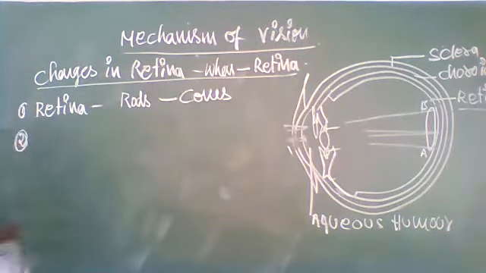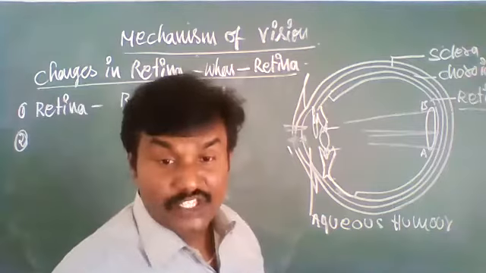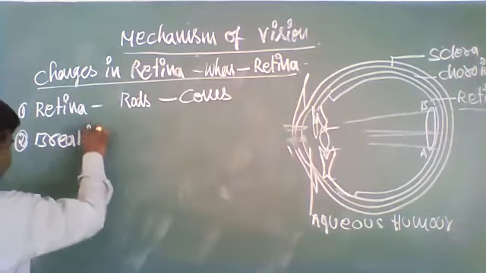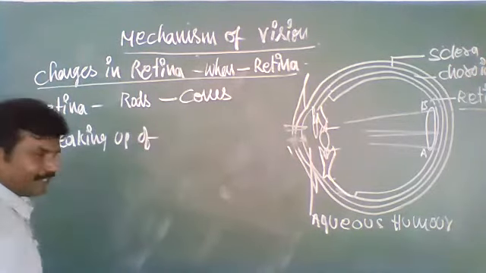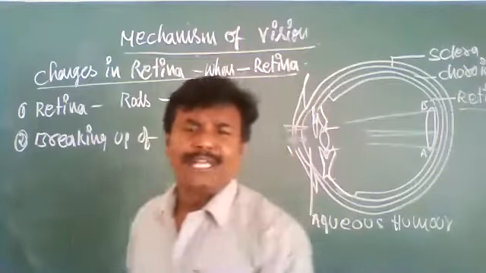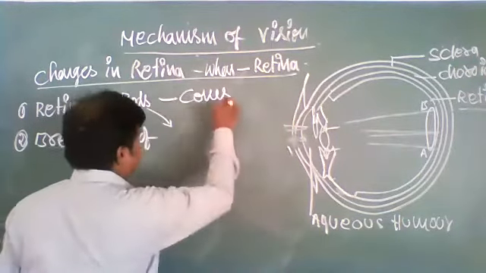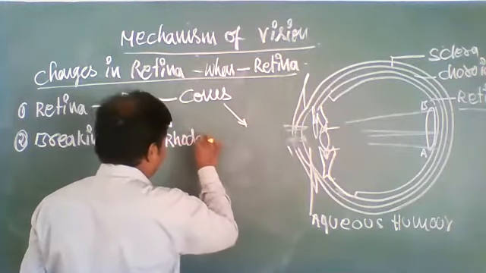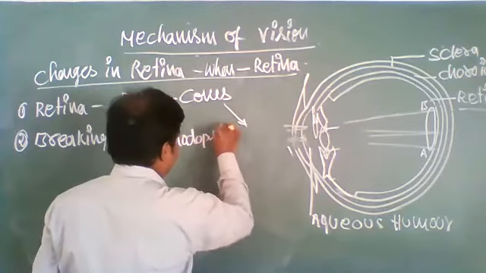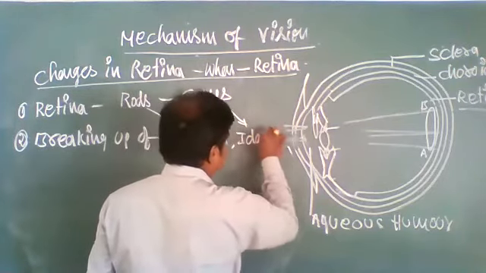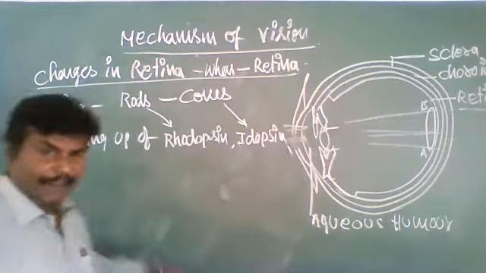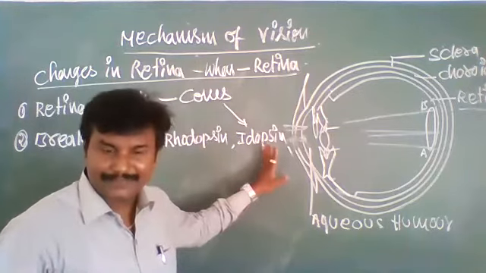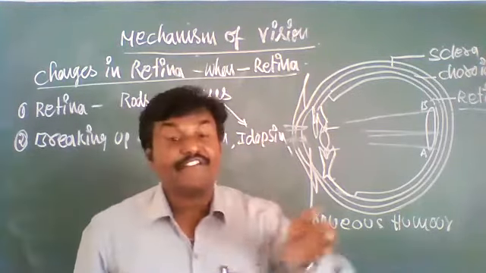So this is the breaking up of photosensitive pigments present in the rods and cones. The photosensitive pigments are rhodopsin and iodopsin. Breaking up of the photosensitive pigments, rhodopsin and iodopsin, by specific wavelengths of light.